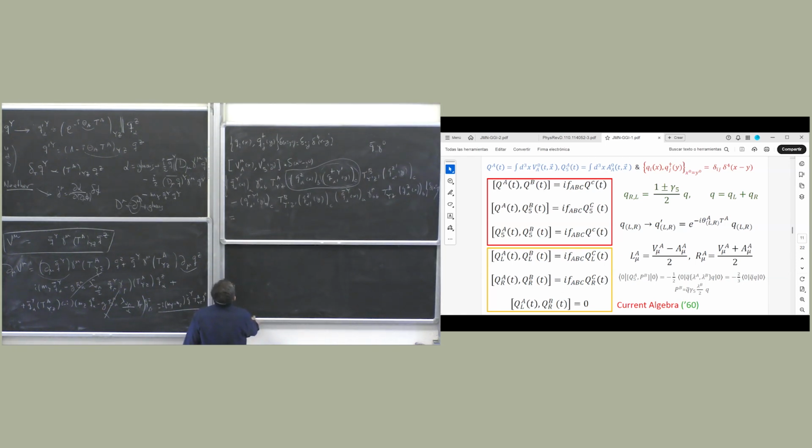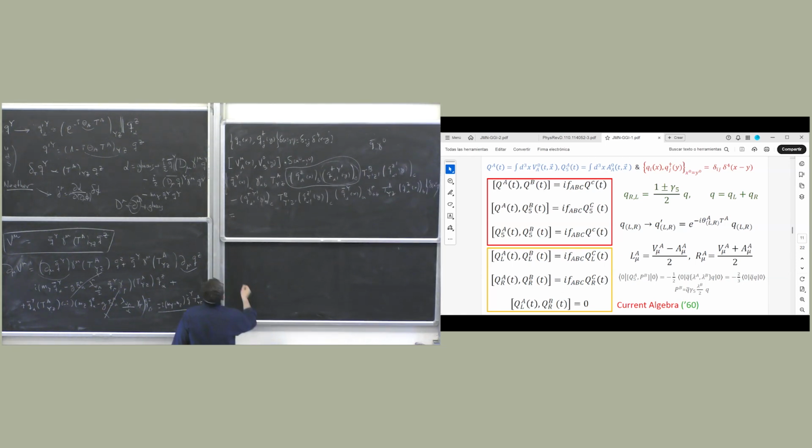Okay, so let's keep track of what is going on. We have this delta x0, y0, and now we have q bar yx a, gamma mu a b, t a.